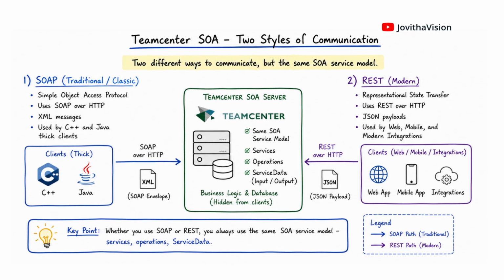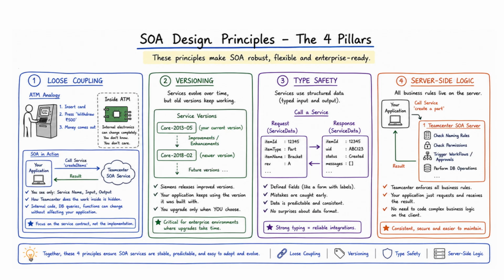The modern style uses REST over HTTP with JSON, which is what newer web and mobile integrations use. We'll see both when we look at the client bindings. But whether you use SOAP or REST, the same SOA service model applies to both. We'll see four design principles that make SOA work well. Let's go through them one by one.